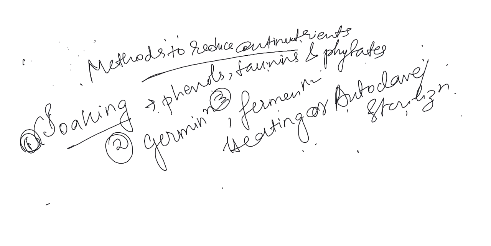For example, the trypsin inhibitor competes with and binds the trypsin. Like that, oxalates mainly interfere with calcium.